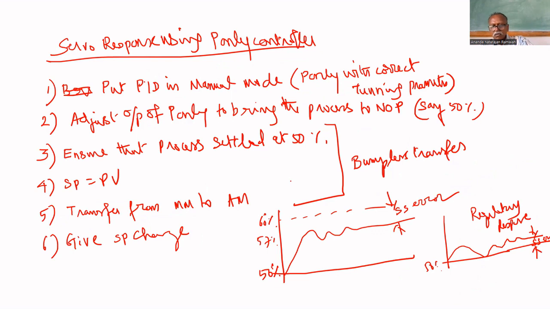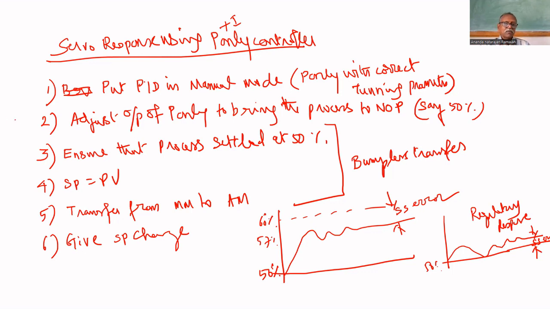Now, let us do the same, but with the P plus I controller. The same steps: put the PID controller in manual mode, put the controller in PI control mode, enter the correct tuning parameters, then adjust the output of the controller to get the nominal operating point, say 50%.